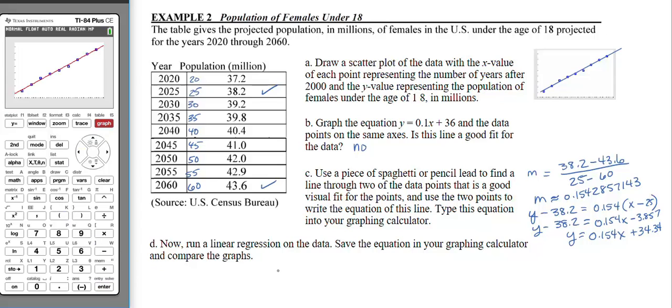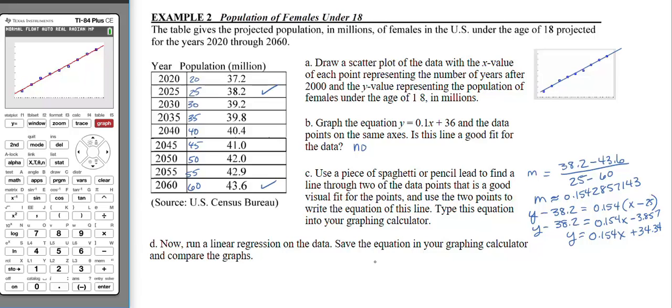Okay, and that's the graph, or the line that I had graphed through the second and last points to try and best fit that data just visually.